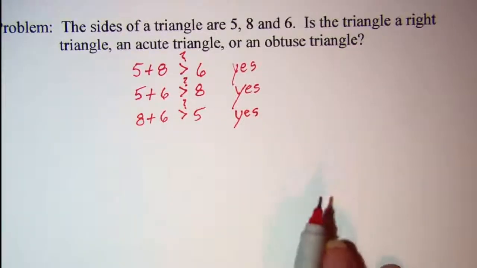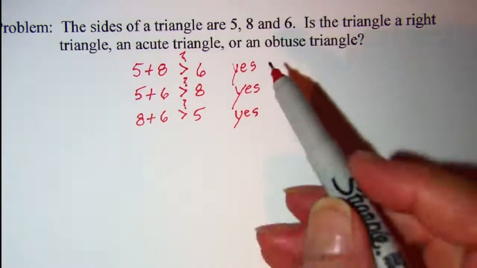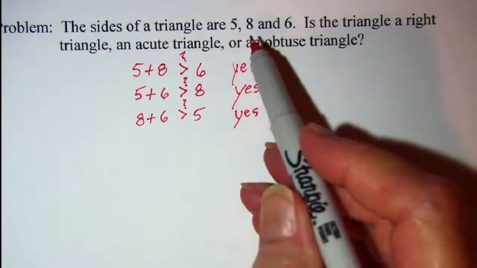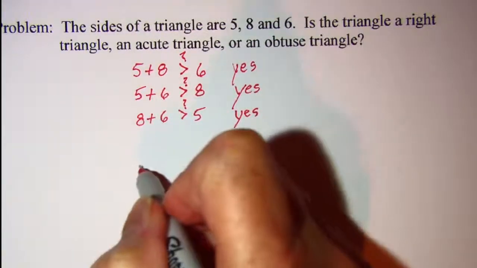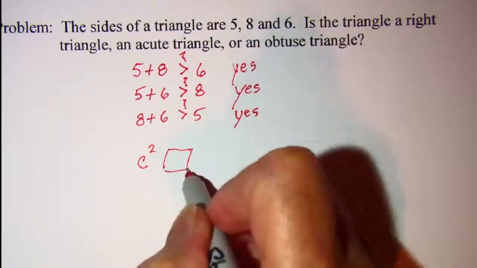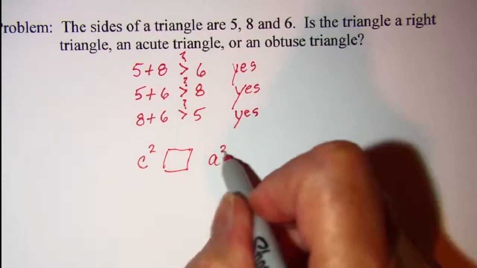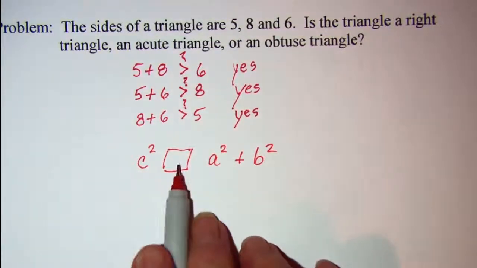All right, then let's look at our Pythagorean inequalities. We'll take the c squared and see how it matches up with a squared plus b squared, because we don't know yet if it's equal or less or greater.